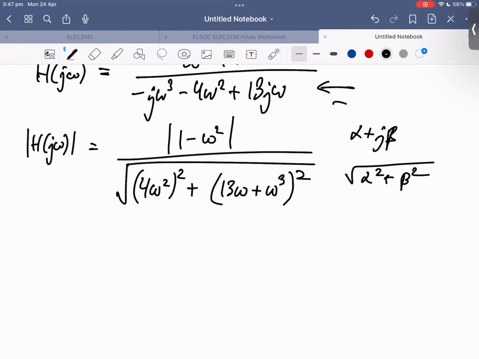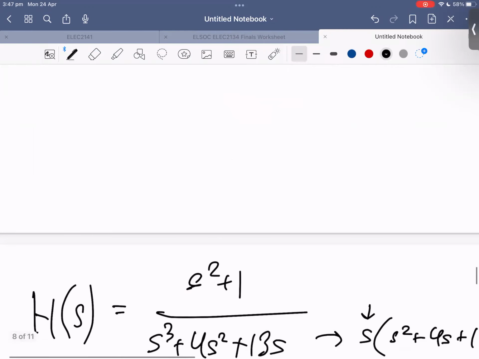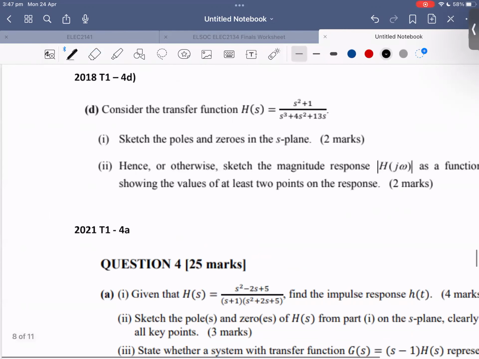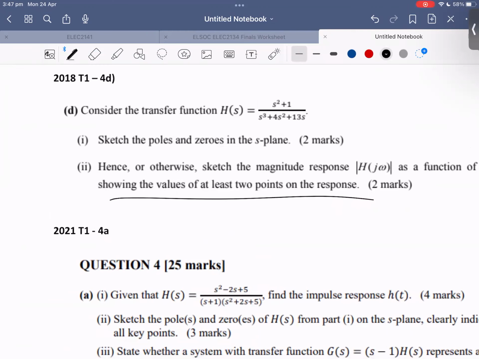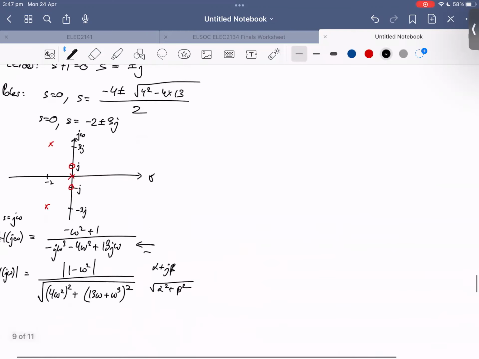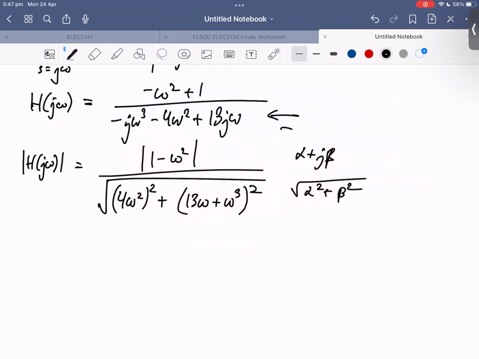And then you can just sub in like omega equals 3 and whatnot, because it said sketch the magnitude response showing the values of at least 2 points. We can immediately see the function is going to be 0 when you sub in omega equals 1.